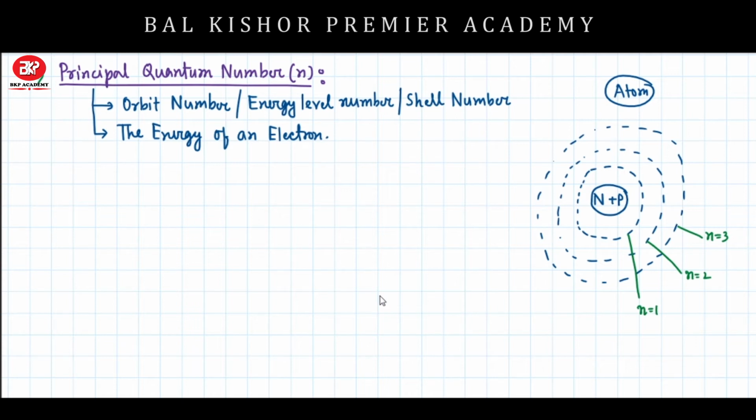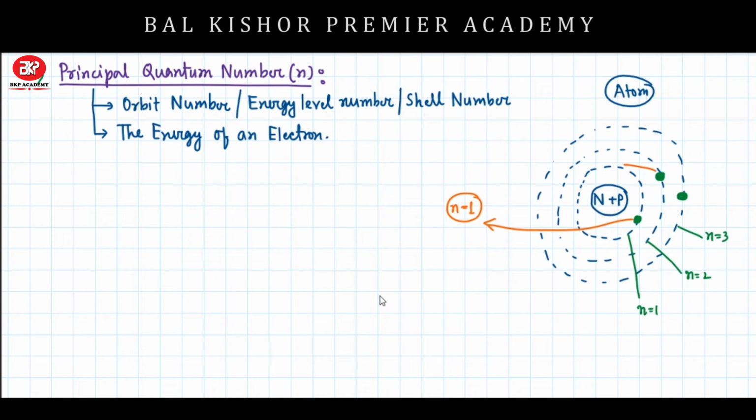So if an electron is residing at the first energy level, another at the second energy level, and another at the third energy level, then for the first energy level the principal quantum number is n equals 1.